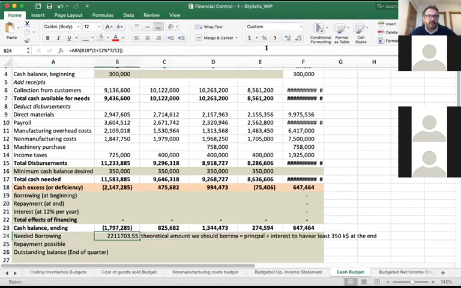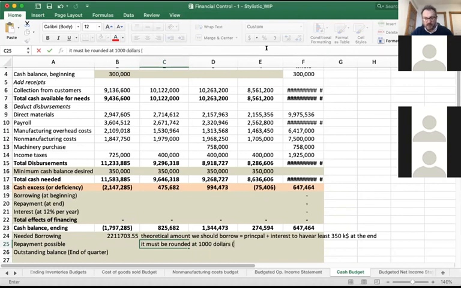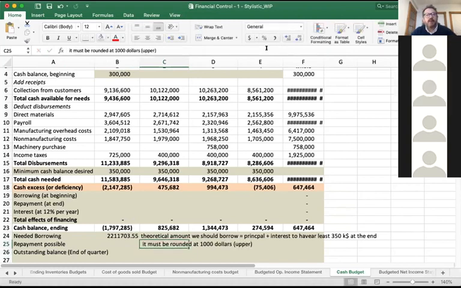Okay. So the problem is we cannot use this calculation because we borrow only thousands of dollars. So the bank does not offer to borrow this amount, so it's always rounded. It must be rounded at the $1,000, the upper one, right?